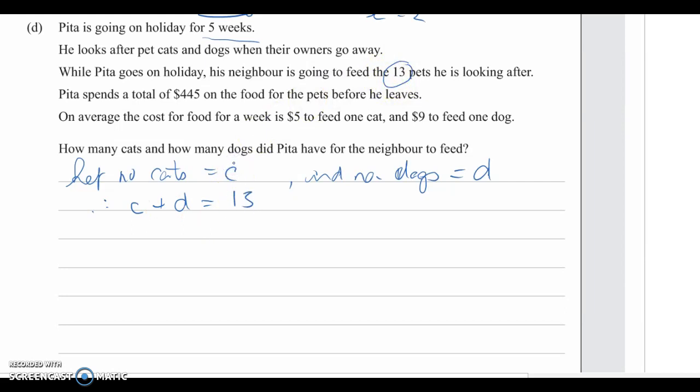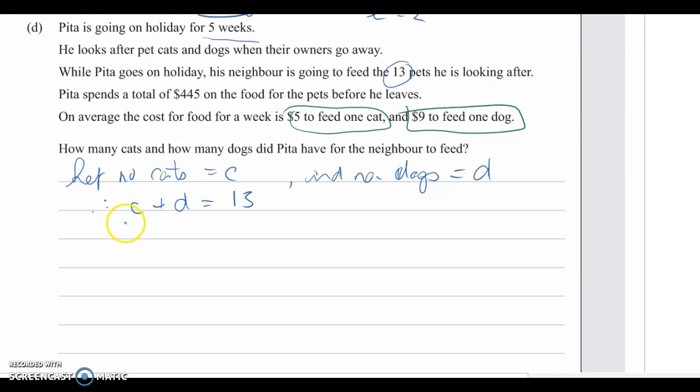Now, the next lot of information is that they've told us about the food. So it says the average cost for food for 1 week is $5 for one cat and $9 for one dog. So $5 for cats and $9 for dogs.